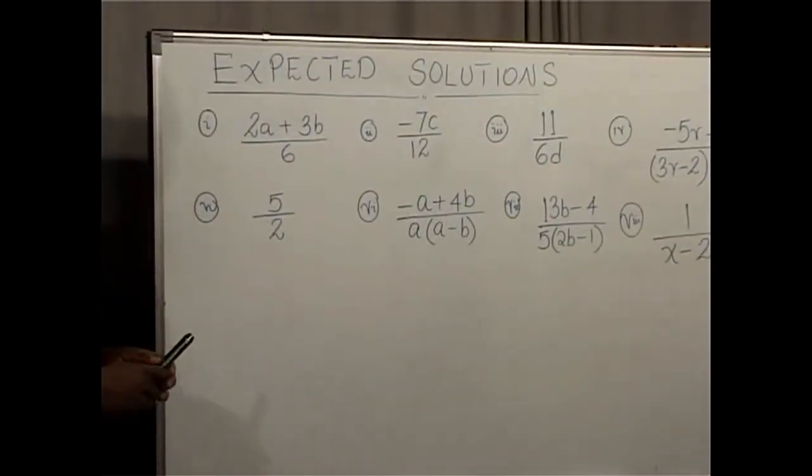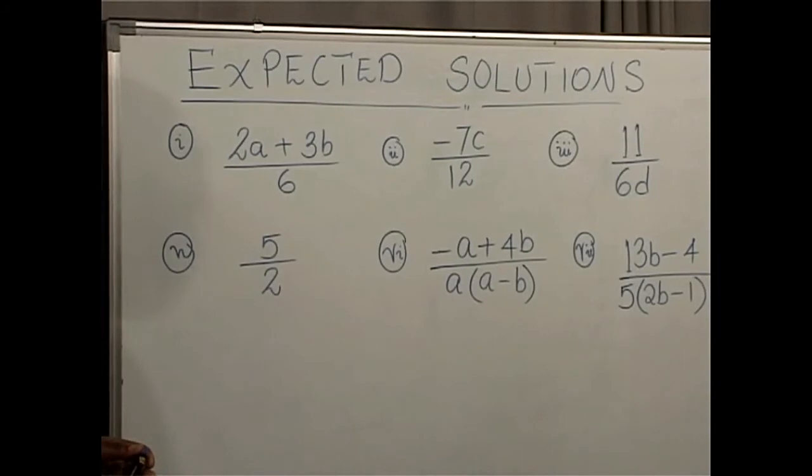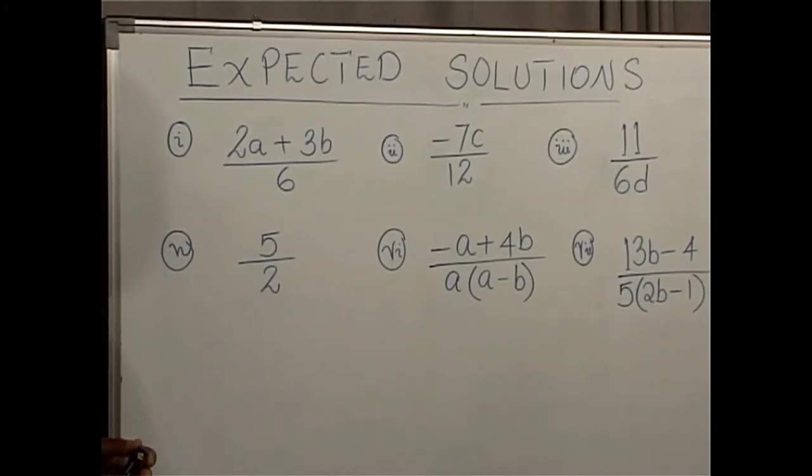Having given you the questions, let me now give you the expected solutions so that after you have solved the questions, you check as to whether you have done the correct thing or not. The expected solutions are as follows. For the first one, I expect you to get 2a plus 3b over 6.